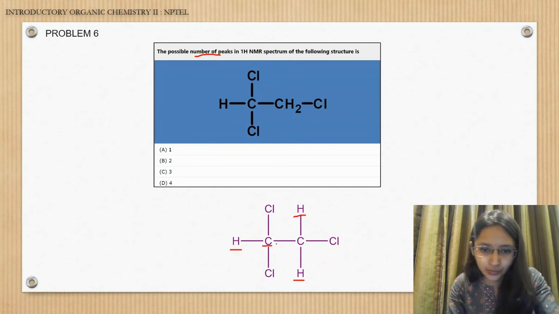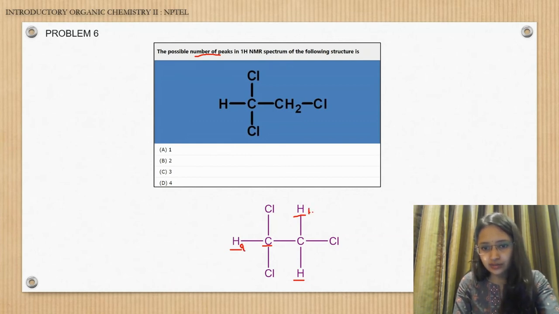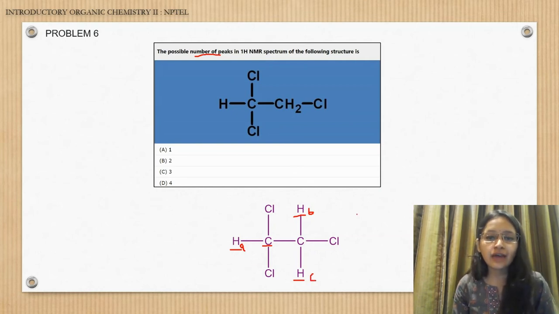So you tell me, if we figure out these three hydrogens, Ha, Hb, and Hc, do they have the same chemical shift value or the same environment? A, B, C. You got my question?